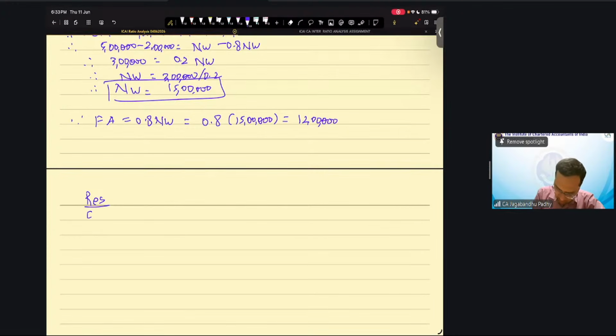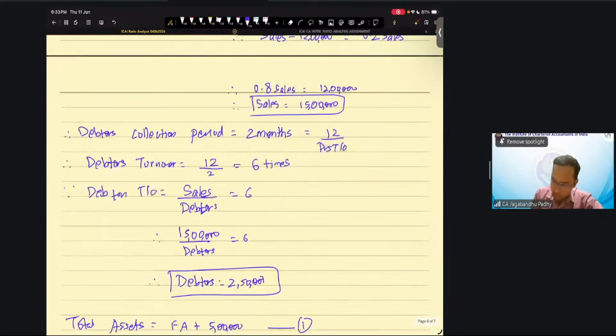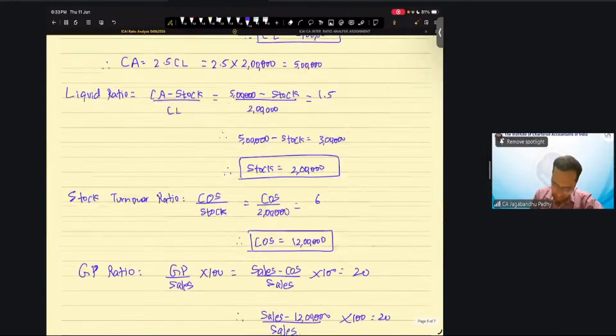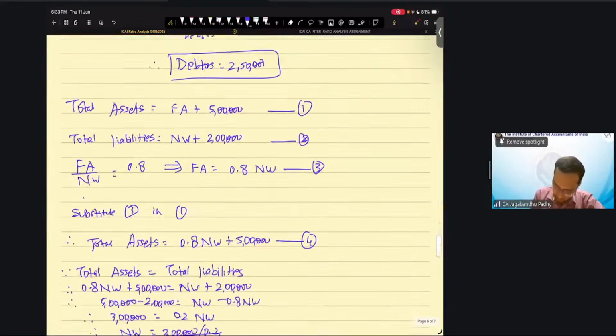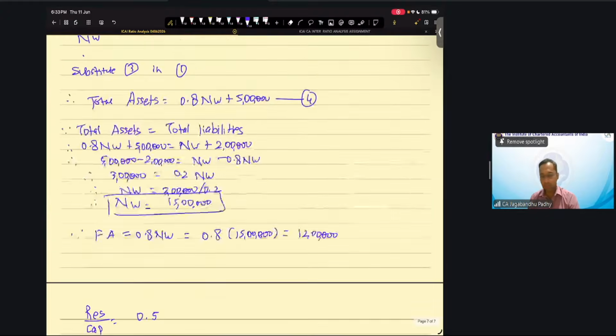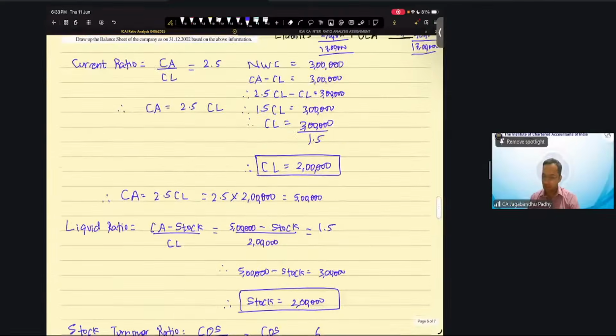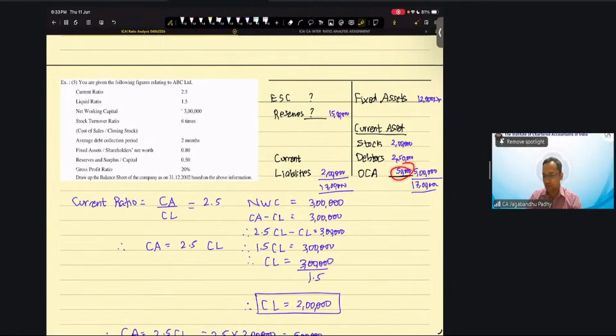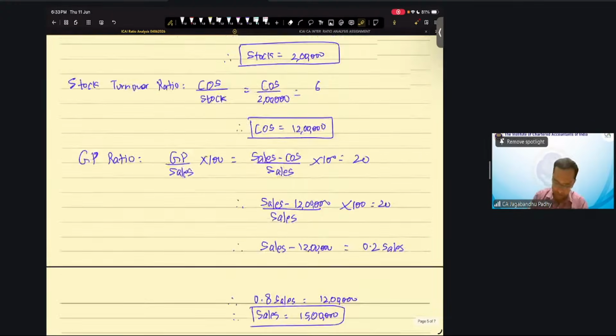The other current assets was computed as 50,000 as a balancing figure because we already got 2 and 2.5. So out of 5 lakh, the 50,000 balancing figure will be other current assets.